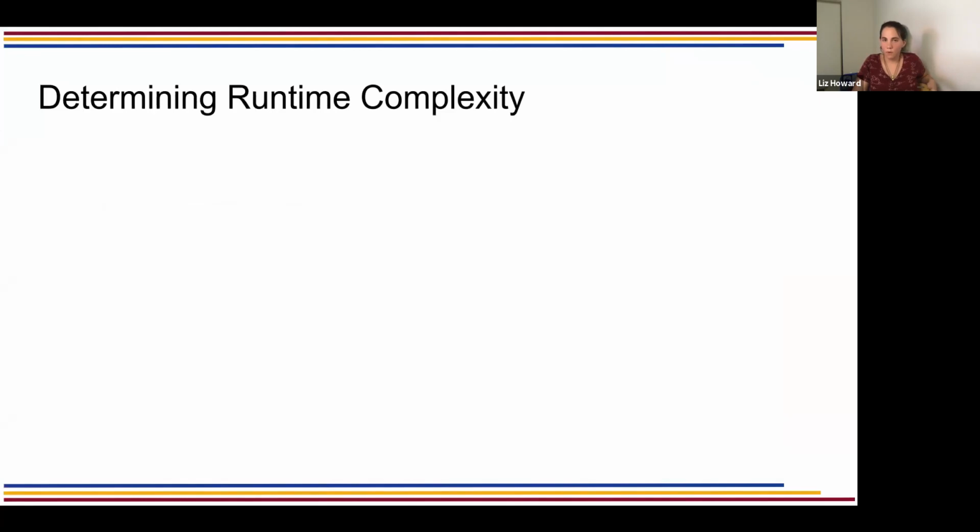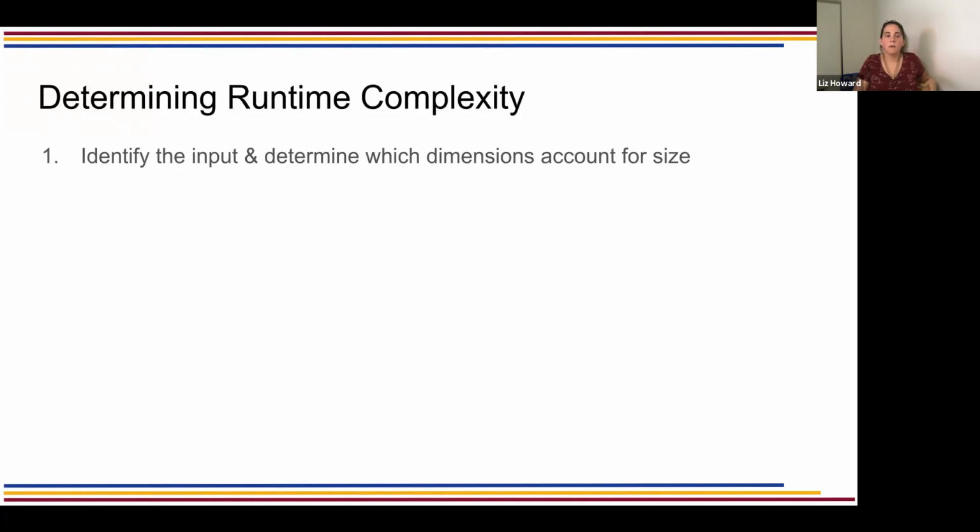There's a couple of questions you can ask yourself, and a couple of simple things you can do to look at the problems you have been working on and determine the runtime complexity. The very first thing: identify the input and which dimensions account for size. If you've looked at the Pascal's triangle problem, the number of rows accounts for the size, not the length of the arrays.